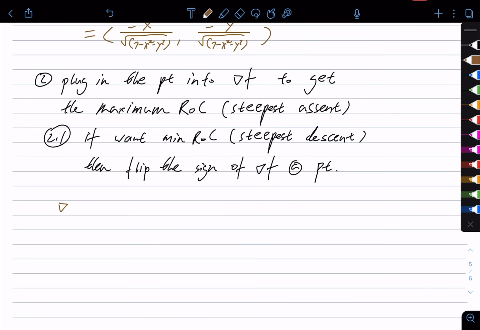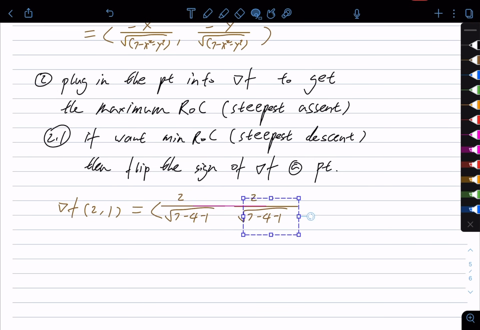So the gradient of f at (-2, 1) equals 2 over the square root of 7 minus 4 minus 1, and then we duplicate that for the y component, with 1 instead of 2 because it's y.